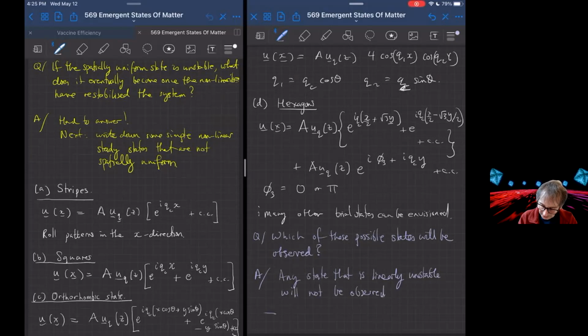So what that means is that now if we want to understand the patterns, we need to understand the linear stability of these spatial states.